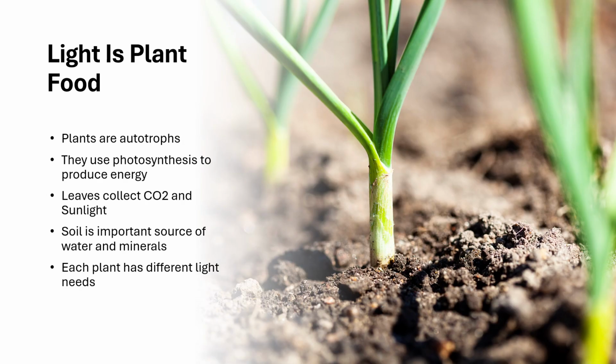So I'm going to talk a little bit about how light is important. Plants are autotrophs. This is going all the way back to your elementary school biology class. Autotrophs means that they are able to make their own food.